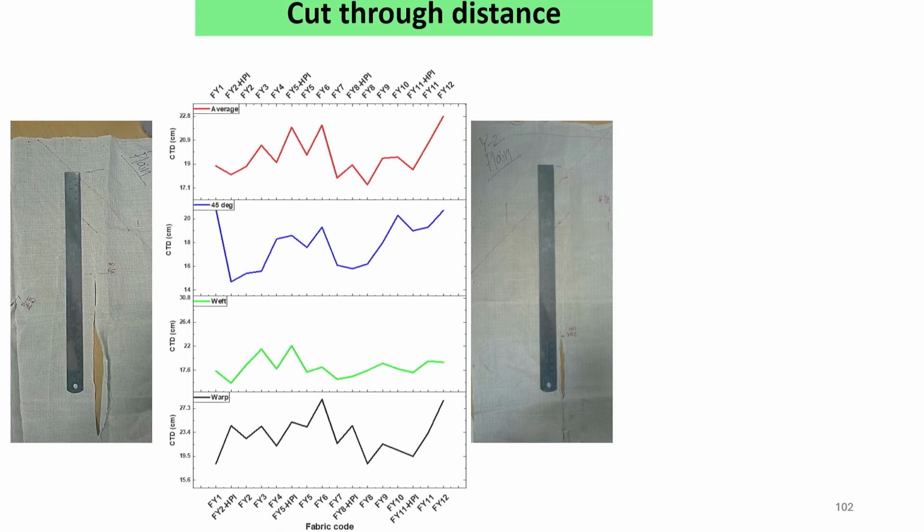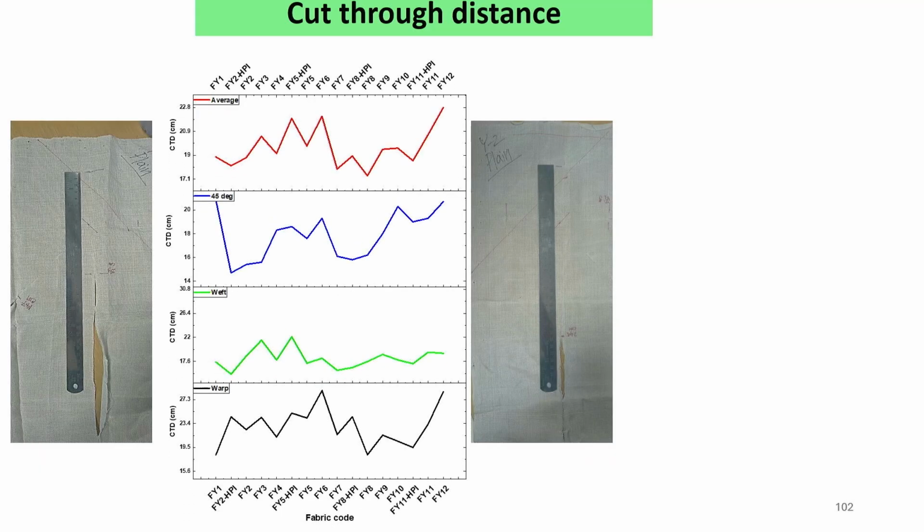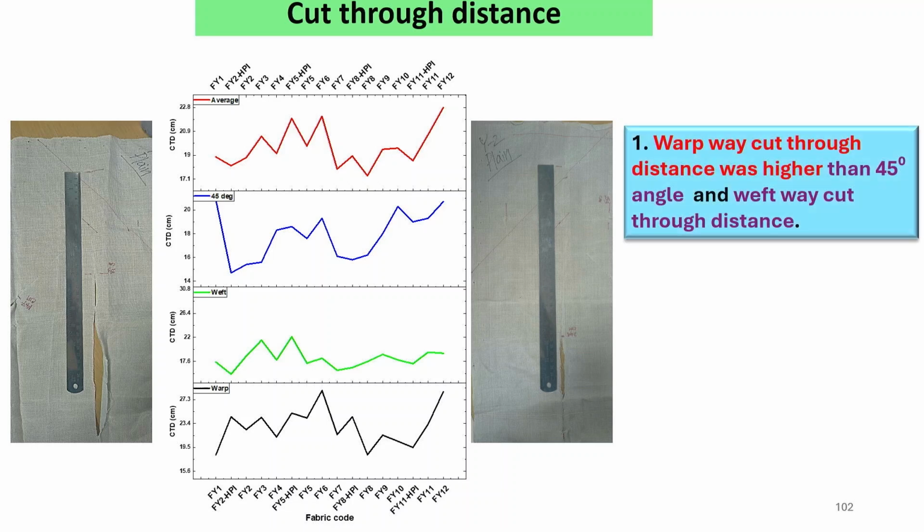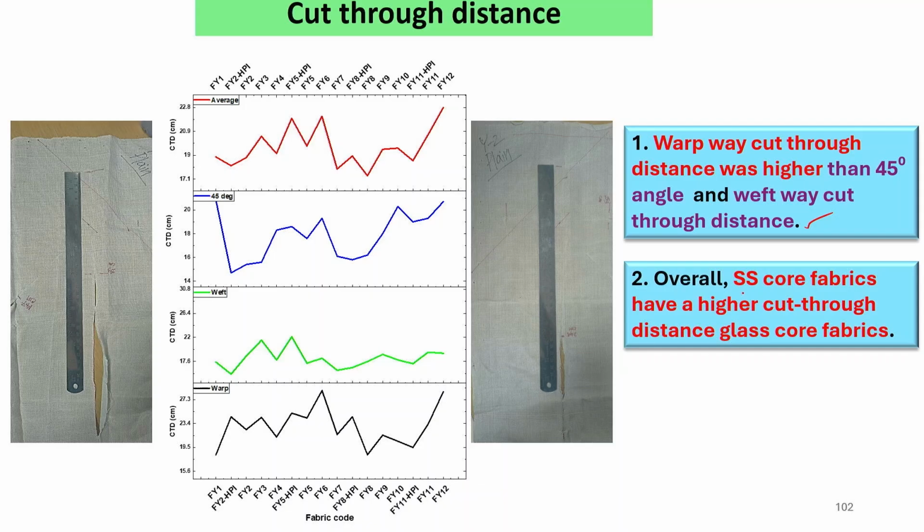Now, cutting through distance, these are the cutting through distance. The warp way cut through distance was higher than 45 degree angle and weft way cutting through distance. Overall, the SS core fabrics have higher cut through distance than the distance of the glass core fabric.